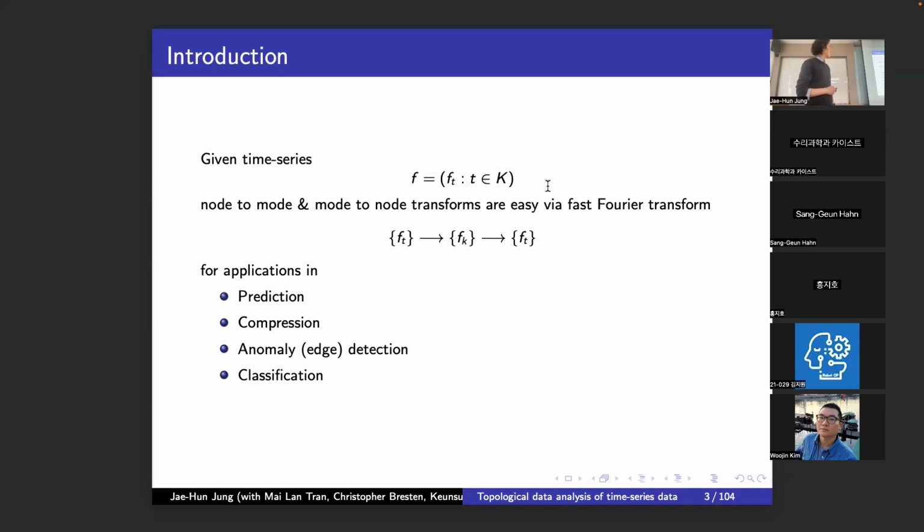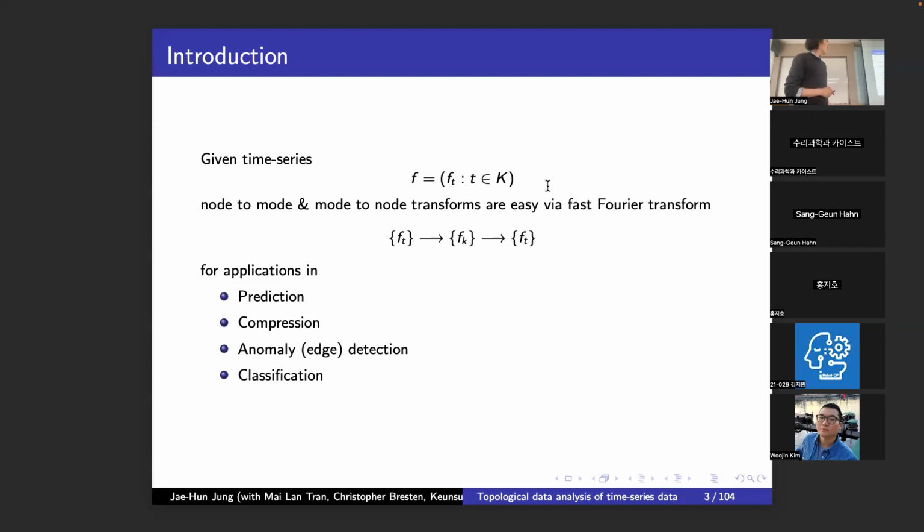Once you enter the mode space, you do some operations like a fast Fourier transform. Once you get the mode information, you do some operations in the mode space and then come back to the physical space.